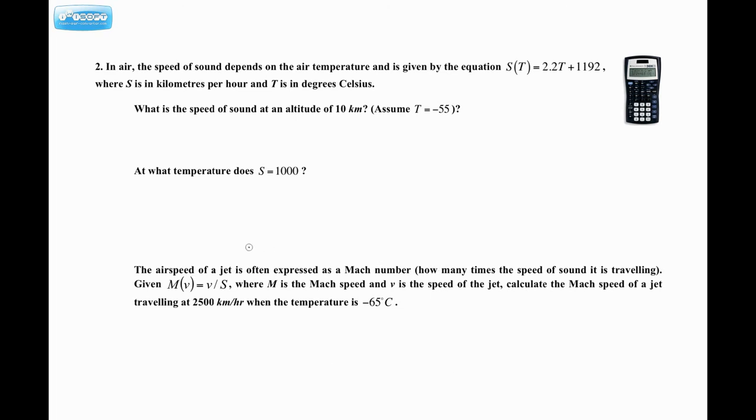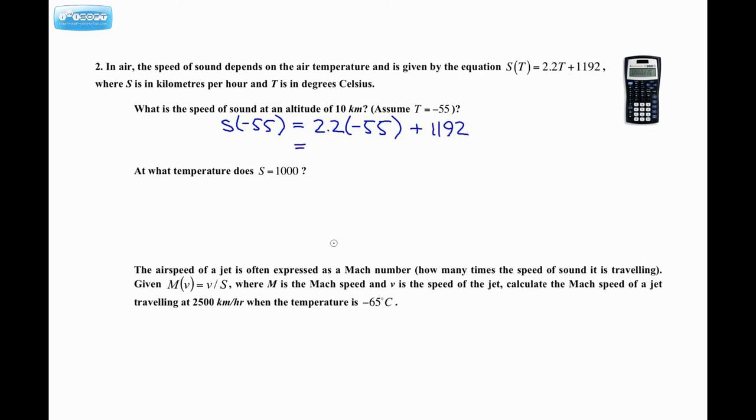Basically it's asking us, what is S of negative 55? In other words, what is my speed of sound when the temperature that goes into this equation, this function, is negative 55? Okay, so that becomes 2.2 times the temperature, which is given as negative 55, plus 1192.